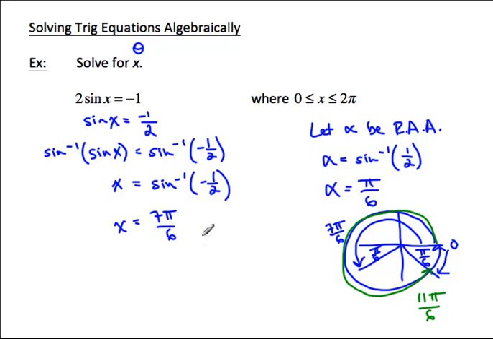Just getting a common denominator. So our second answer then is 11 pi/6. Again, we found the related acute angle. We drew it out using either the cast rule or the definition of sine x or sine theta as y/r. And then we worked out that our two angles were 7 pi/6 and 11 pi/6.